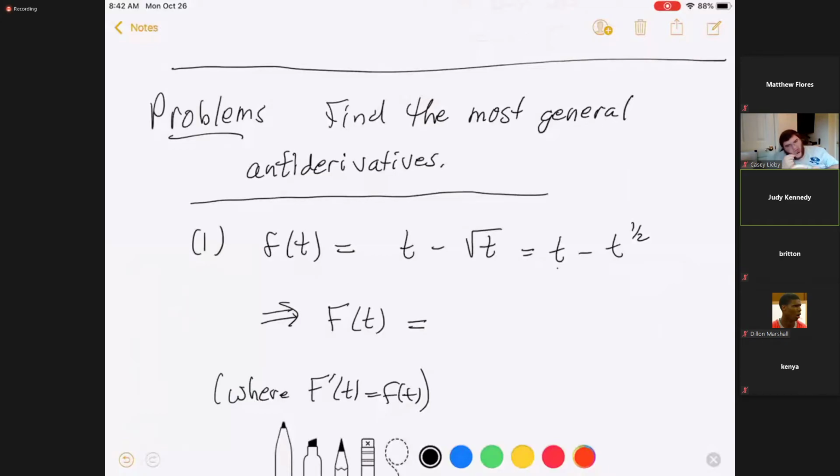Okay, antiderivative of t, what's that going to be? Anybody?